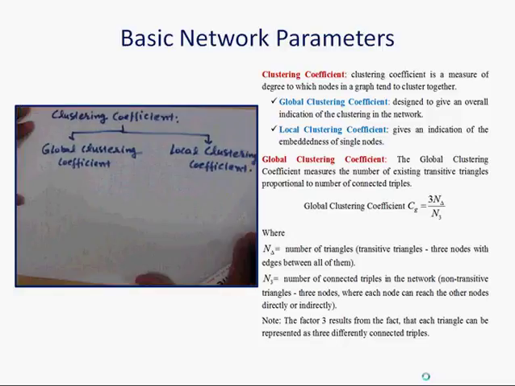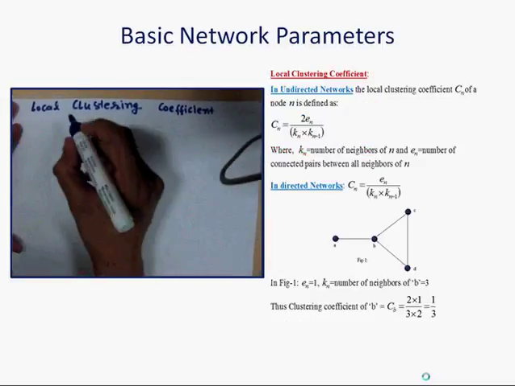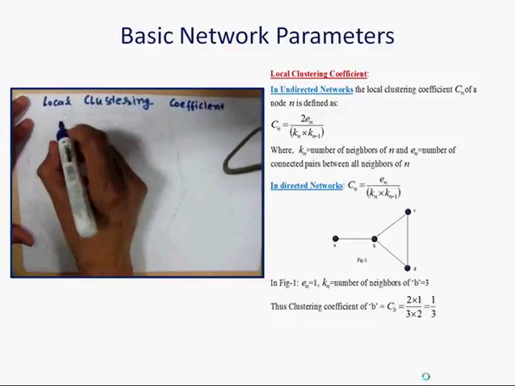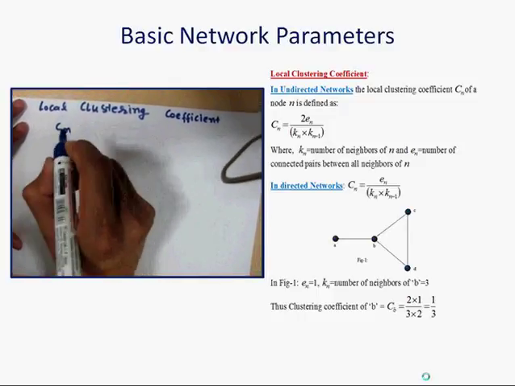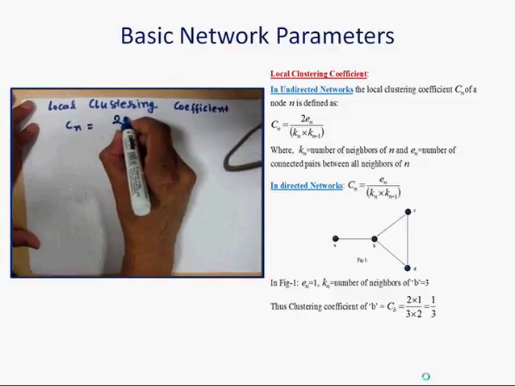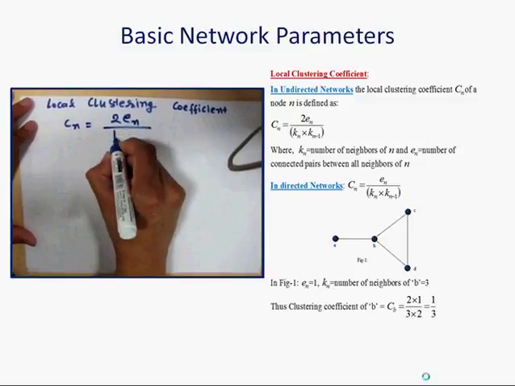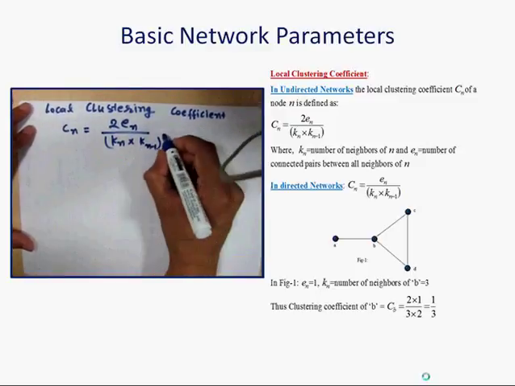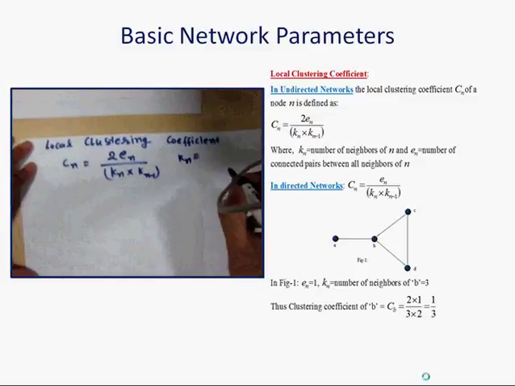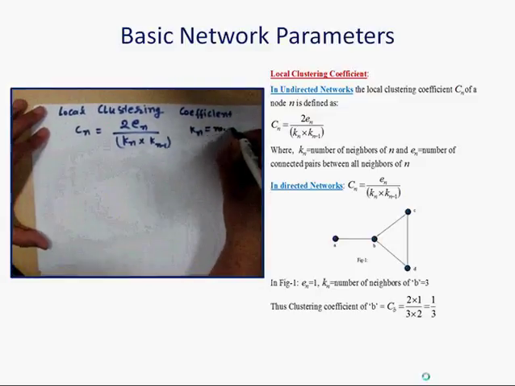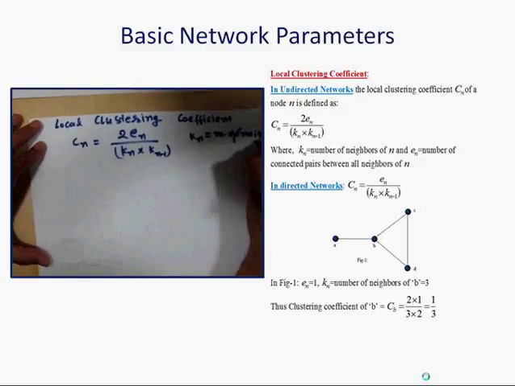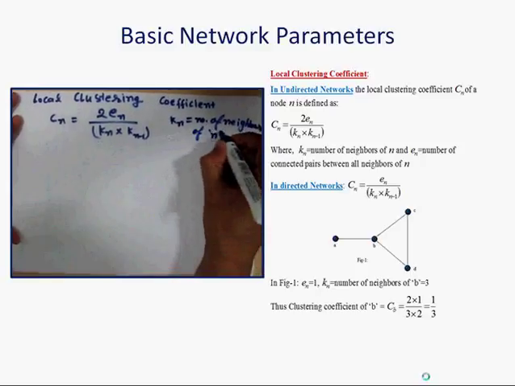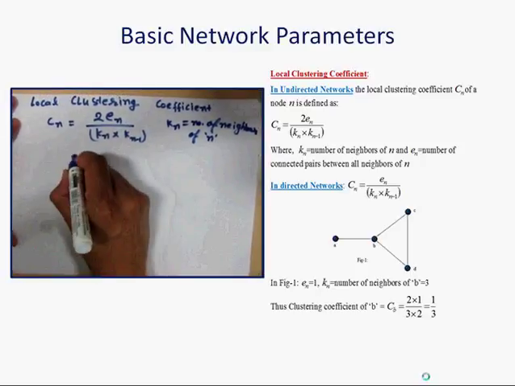Local clustering coefficients. In an undirected graph, the local clustering coefficient Cn of node n can be defined as 2 En divided by Kn into Kn minus 1, where Kn is equal to the number of neighbors of n, and En is equal to the number of connected pairs between all neighbors of n.